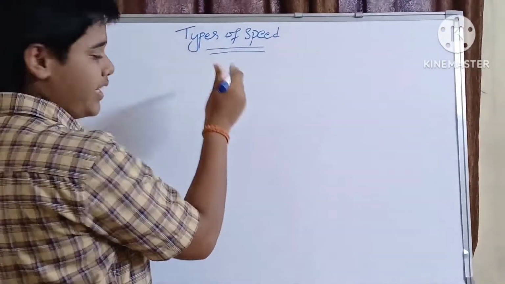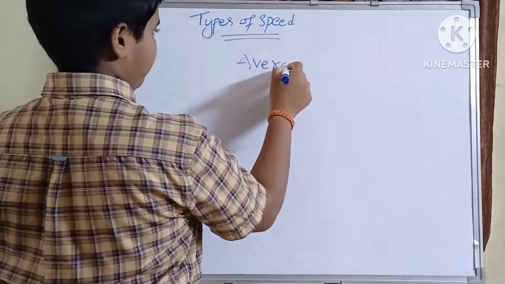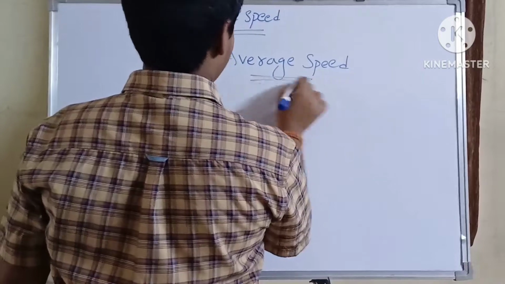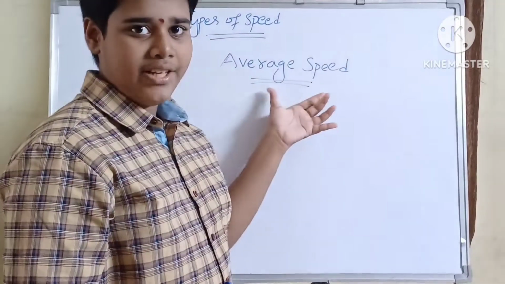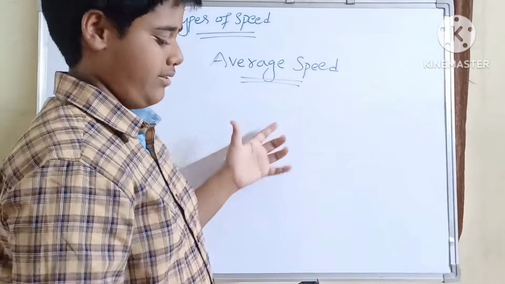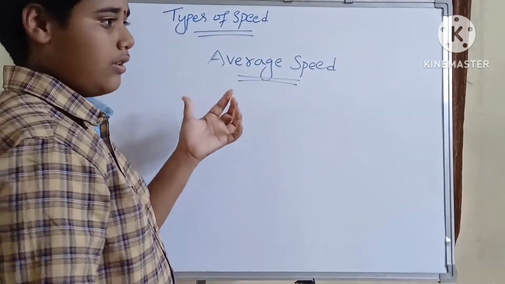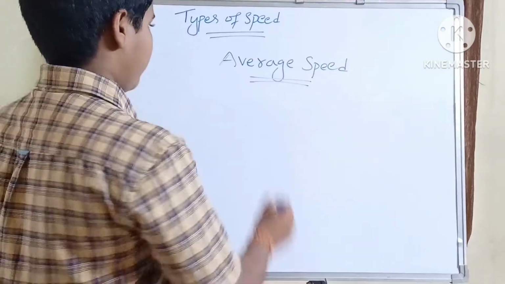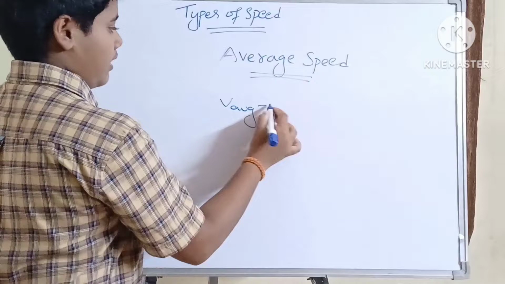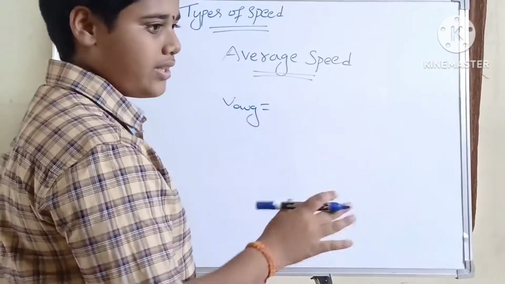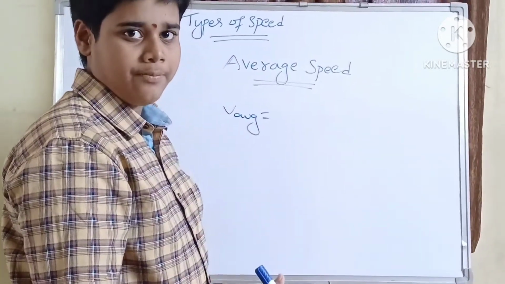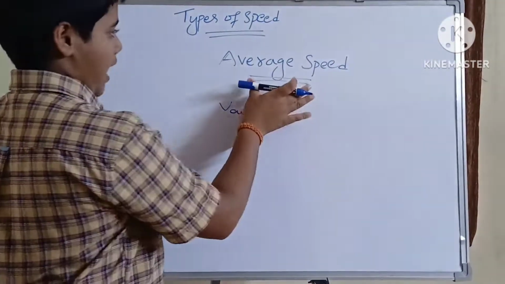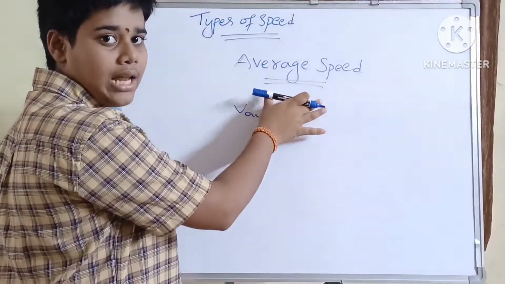The next type of speed is average speed. So what is average? If they give two or more distances and two or more times and ask us to find the speed, we have to do the average and calculate the speed.